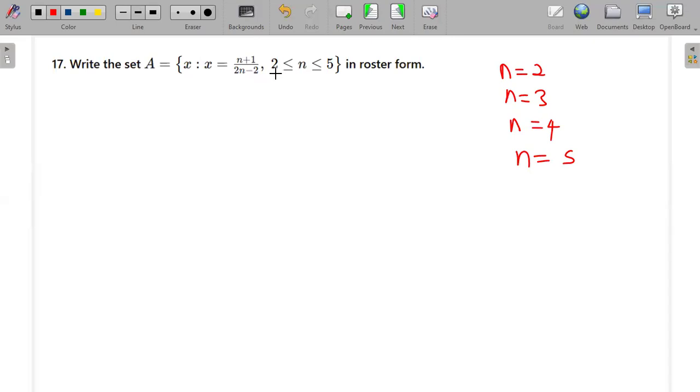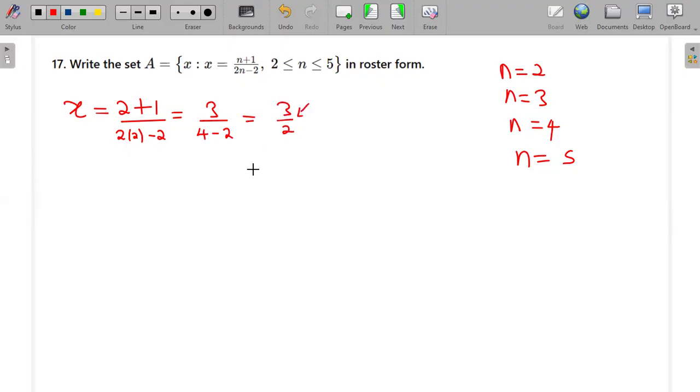So the elements that are going to be in A will be based on these values of n. So the first element there will just be x equals, when n is 2, 2 plus 1 over 2 multiplied by 2 minus 2. So this will be 3 over 4 minus 2, so that will just be 3 over 2.